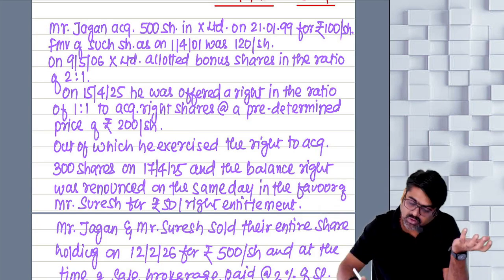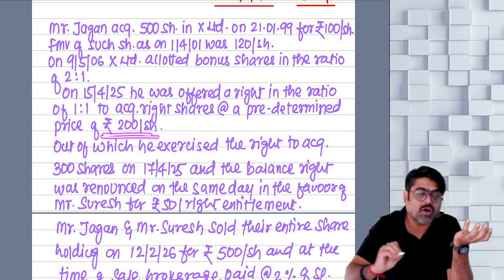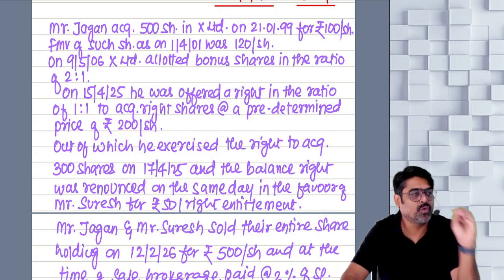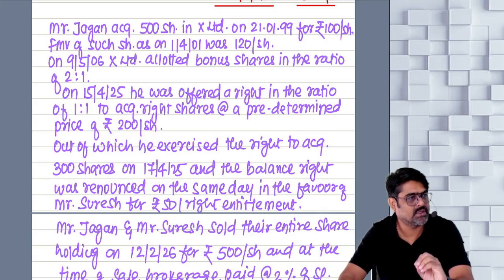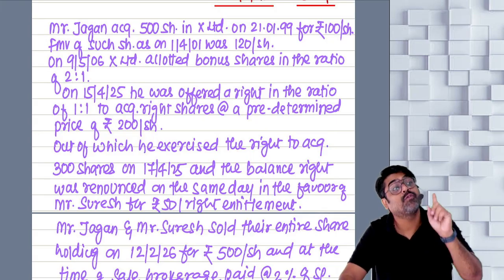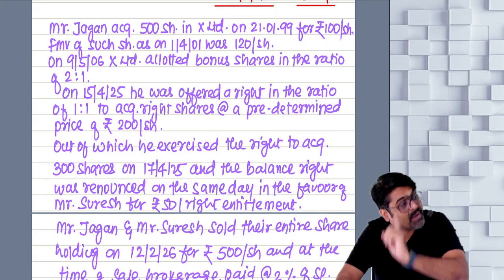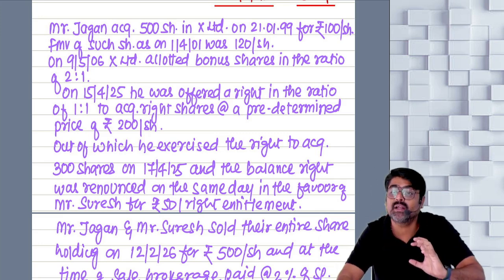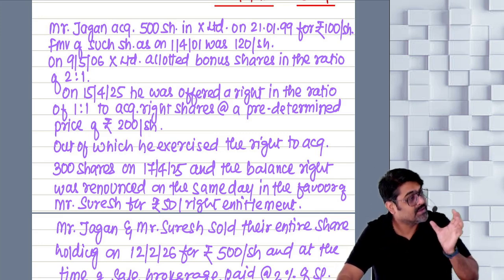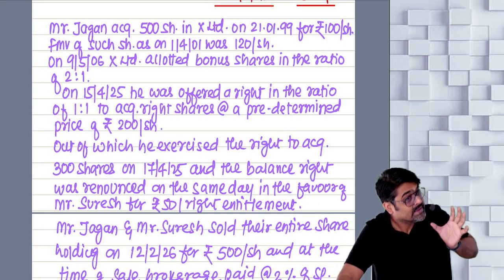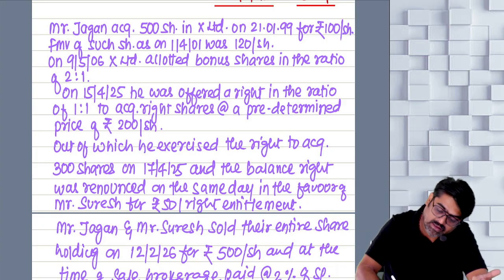predetermined price. So the company is offering the shares at how much? 200. If you want, you can buy the right shares at 200 rupees per share. This right was given.